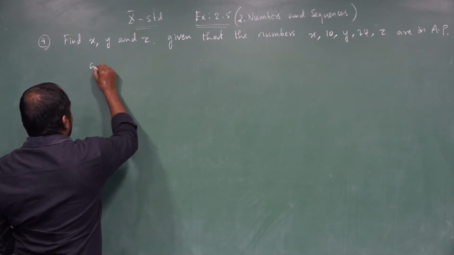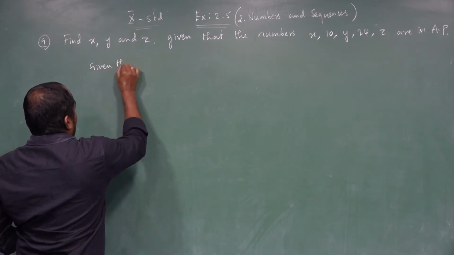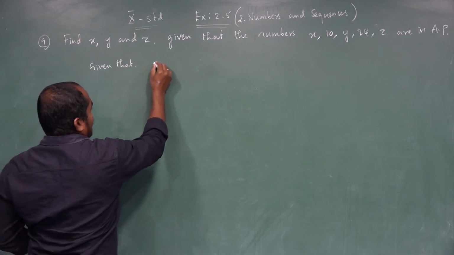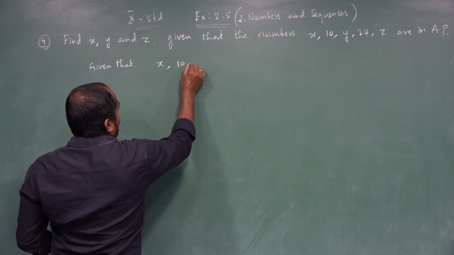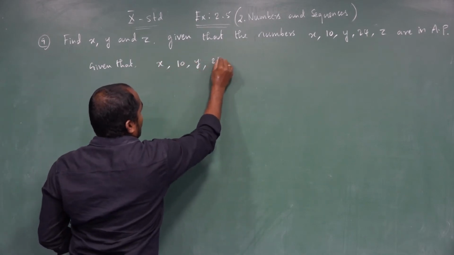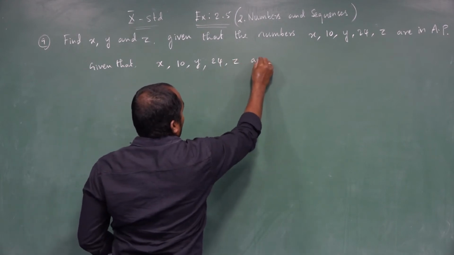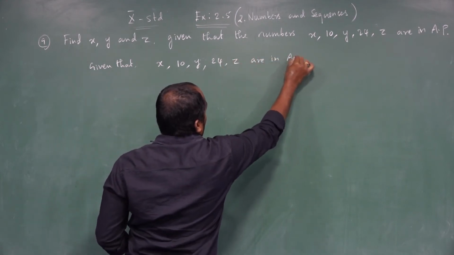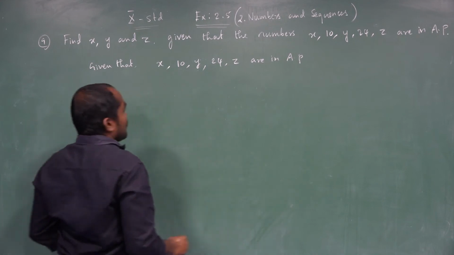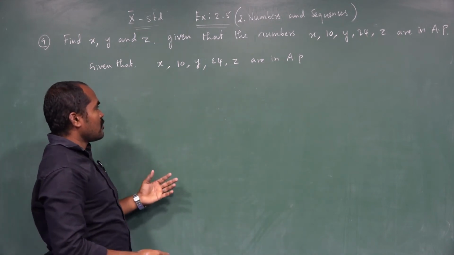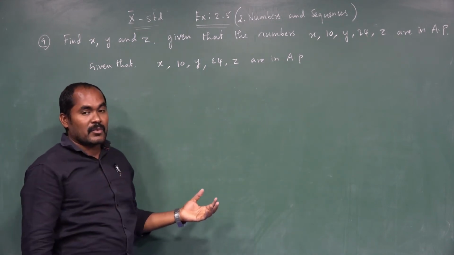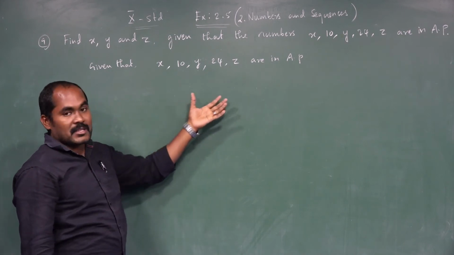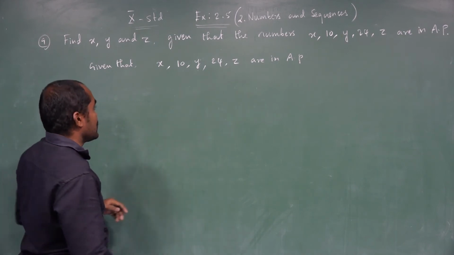Given that x, 10, y, 24, z are in arithmetic progression. So how do we find whether a sequence is an arithmetic progression? Common differences being the same means arithmetic progression.